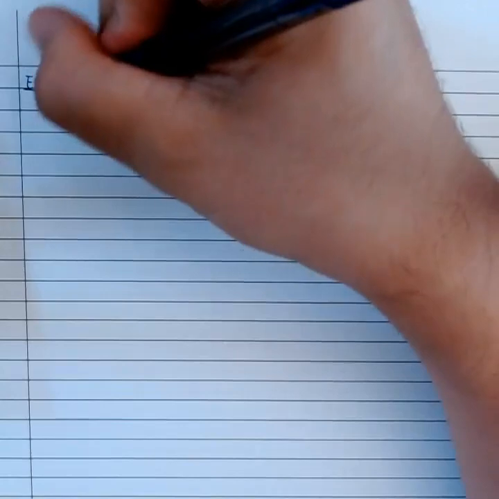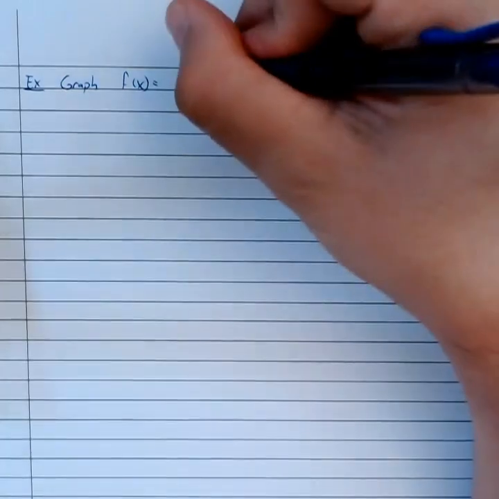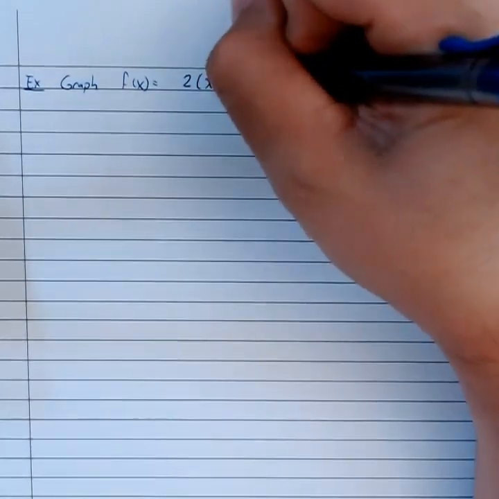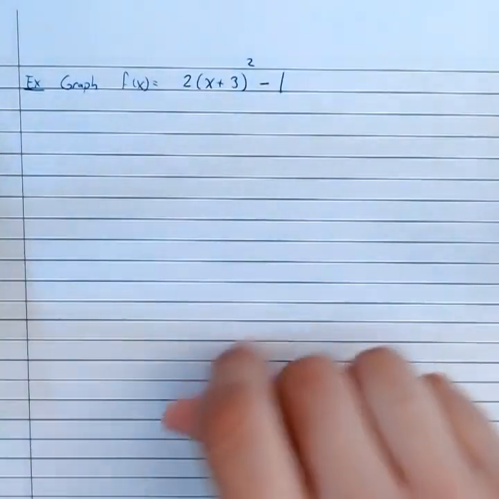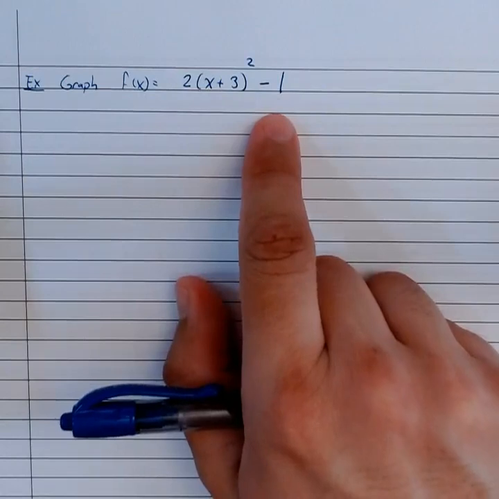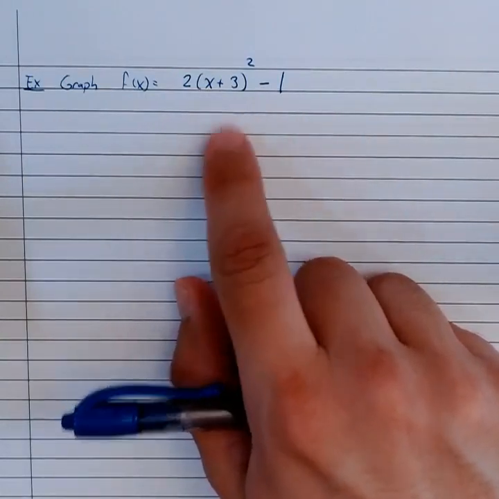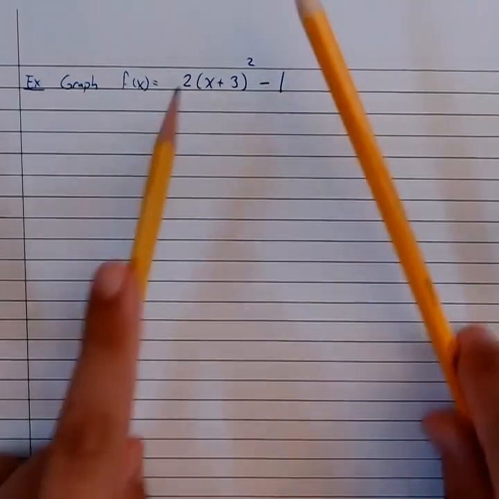we're going to go ahead and graph f of x equals 2 times (x plus 3) quantity squared minus 1. We could take a parent function and modify it according to the operations in the function. Note that this is basically just x squared.